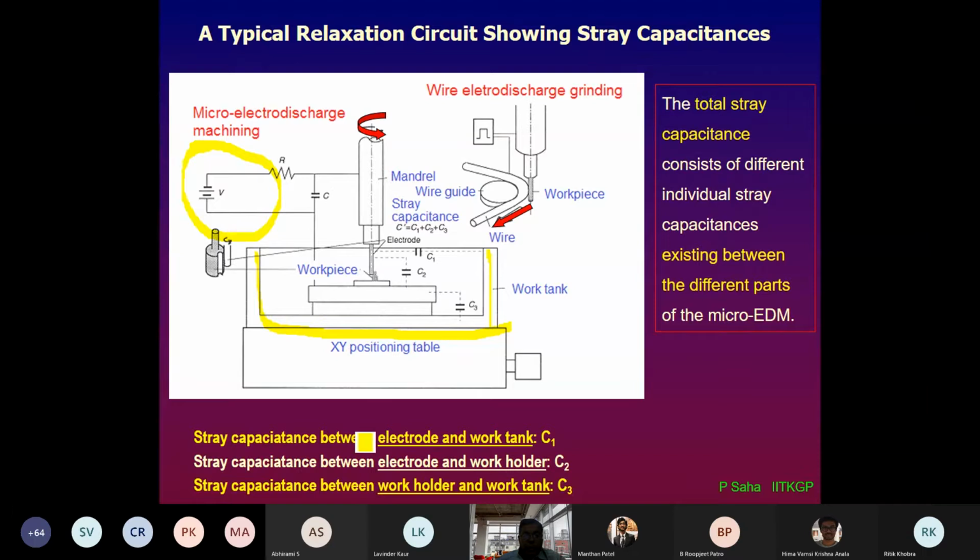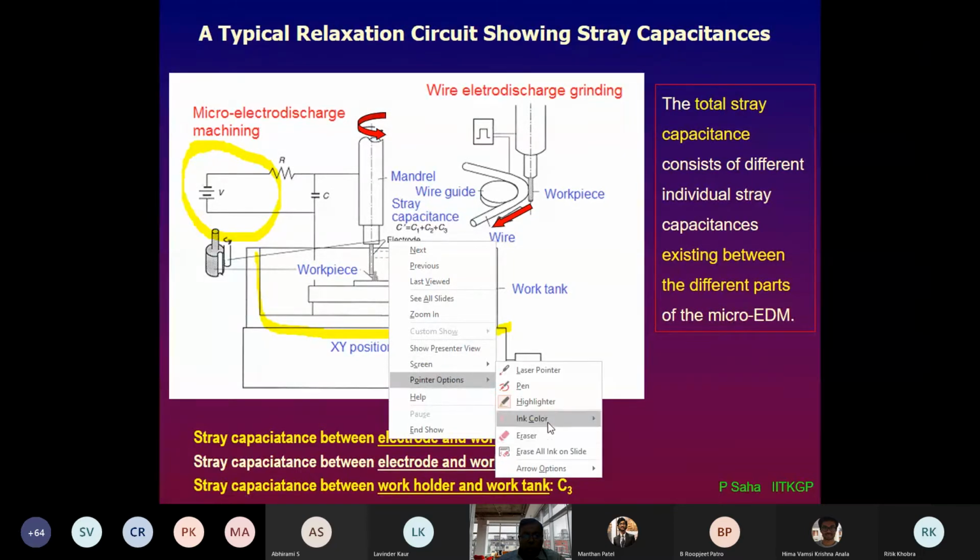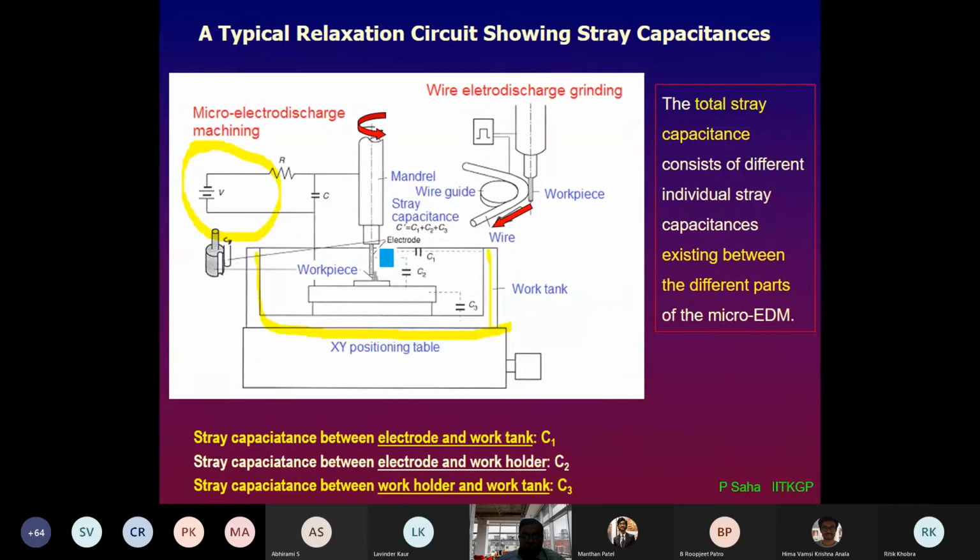It will be the stray capacitance between the electrode and the work tank. So that is the first stray capacitance.